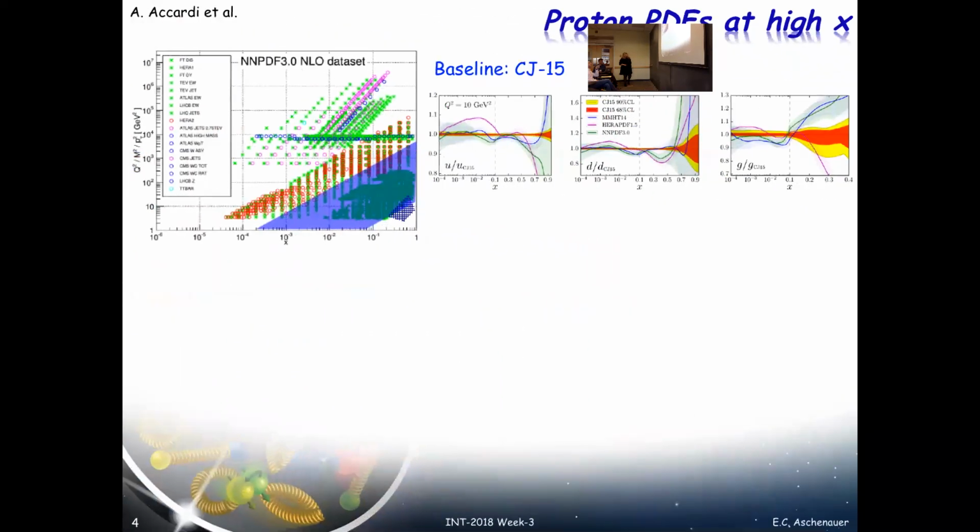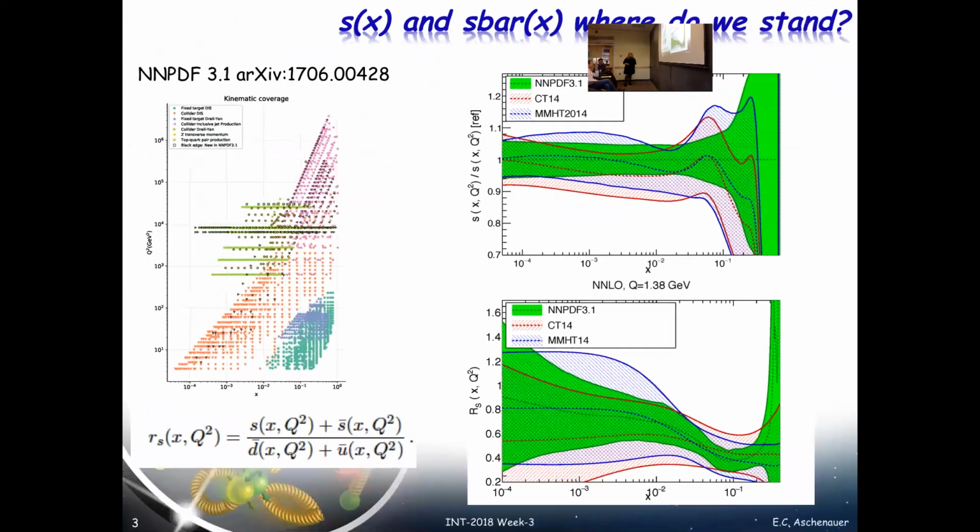How come the neural network is much smaller than the... Here, it depends on which data sets are included. Some of them, so the NNPDF just came out 2017, so it probably has some of the W data and the W to C ratio data in from the LHC, which were not yet available for CT14 and also for this one.